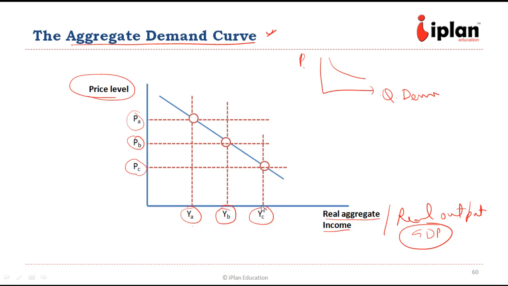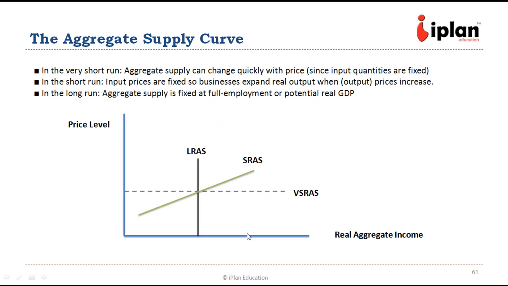So the relationship is inverse. Now on the same lines, the supply curve at aggregate level will also reflect the same basic microeconomic concept, even though there are slight differences at the macroeconomic level. In microeconomics, for a particular product, if the price goes up, the quantity supplied by the companies also goes up, because the price is high and they have more incentive to sell.